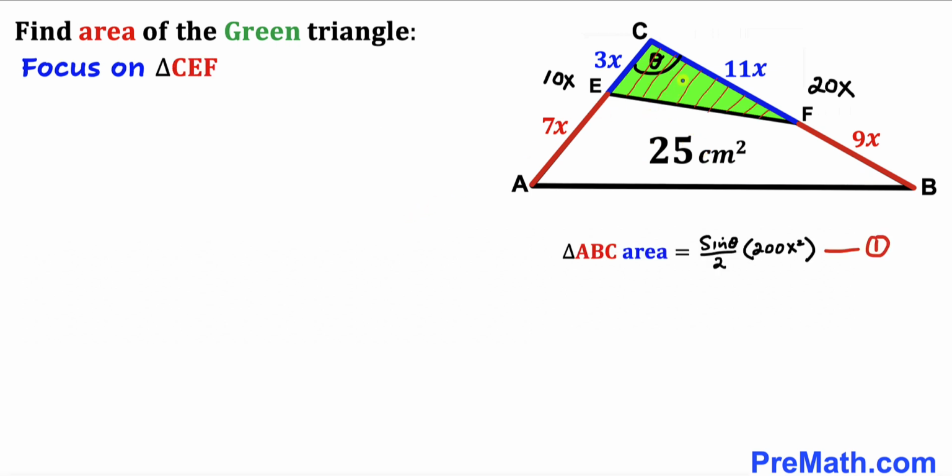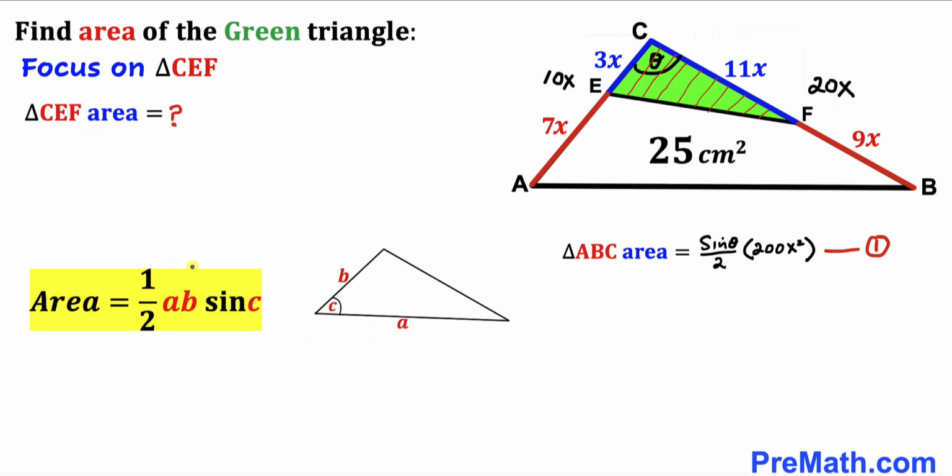Let's focus now on the green shaded triangle CEF and calculate its area as well, using the area formula again: a half times a times b times sine of angle C. For this green triangle, 3x and 11x are the side lengths, and theta is the angle in between.